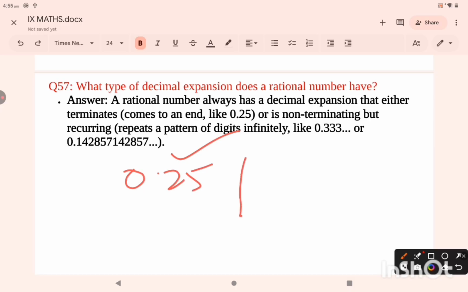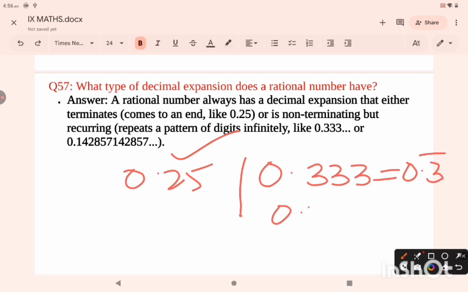Next, 0.3333, this is 0.3 bar. Therefore, 0.3 bar is a non-terminating, repeating decimal. This can be expressed in the form of p by q.